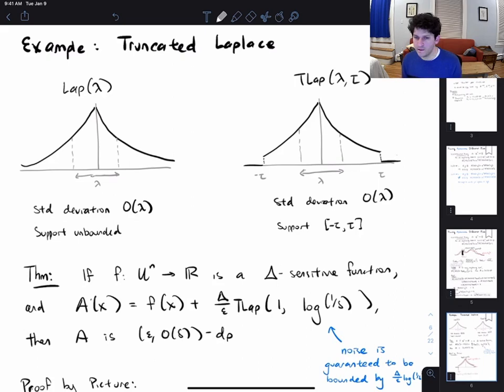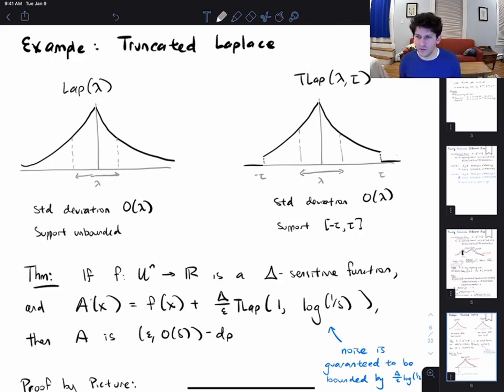If you remember our old friend, the Laplace mechanism, we add noise from the Laplace distribution with some scale parameter lambda, and the standard deviation of that distribution is proportional to lambda. But it has unbounded support, so there's some probability that we see any real number as the outcome.